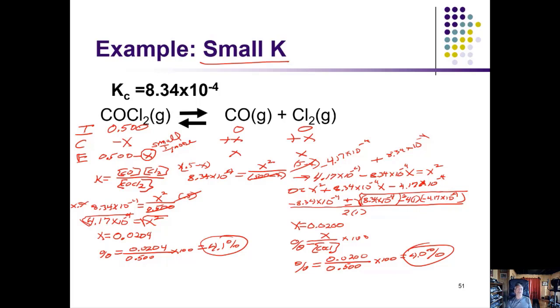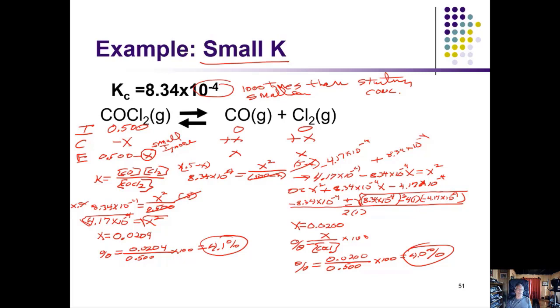So whenever you have an equilibrium constant that's small relative to a fairly large starting concentration, that is, this is 1,000 times smaller than your starting concentration, my suggestion is go ahead and assume that's small and ignore it.